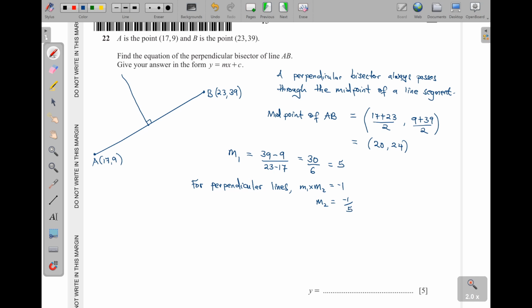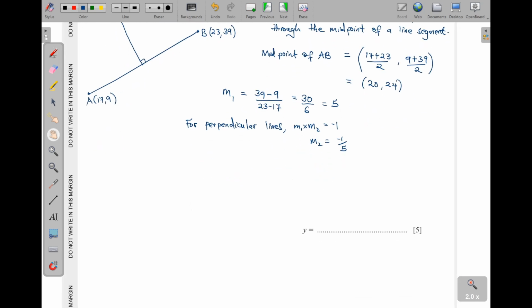Okay, now that means we are going to use the equation of a straight line here, which says that y is equal to mx plus c. Now we are going to use the other coordinate. We got the midpoint 20, 24. So 24 here for y, and then this one is -1 over 5 as the gradient, and then x is 20, then plus c.